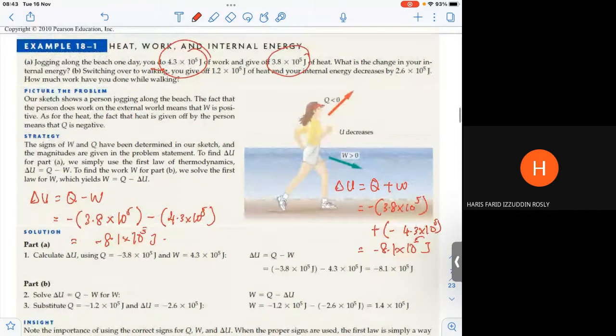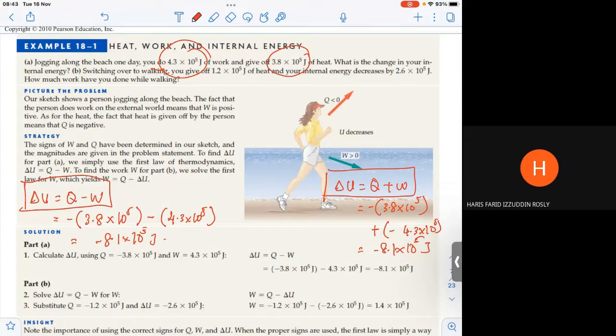Okay, so let's look at another question. Switching over to walking, you give off 1.2 times 10 to the power of 5 joules of heat, and your internal energy decreases by 2.6 times 10 to the power of 5 joules. So again, I'm applying both equations in a good manner.